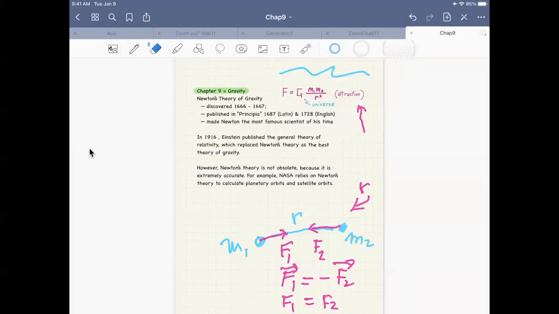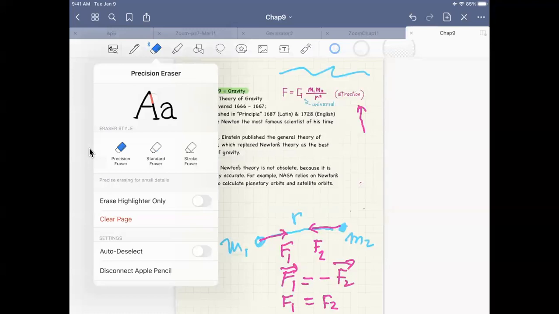published by Newton. He worked out this theory when he was quite young, when he was staying on his mother's farm. He had to leave the University of Cambridge in Cambridge, England, because there was a bubonic plague epidemic.